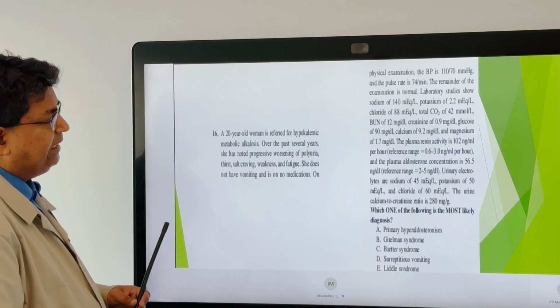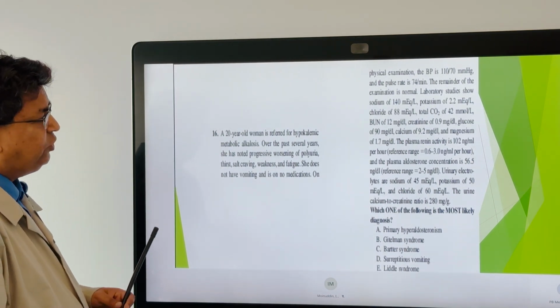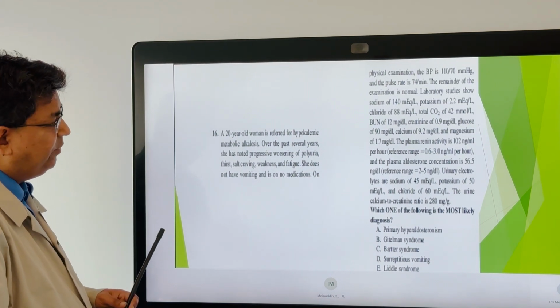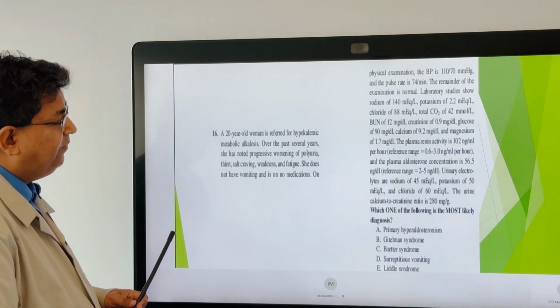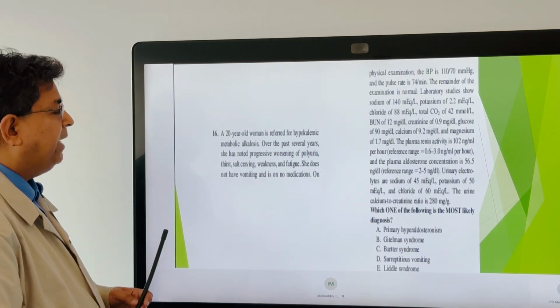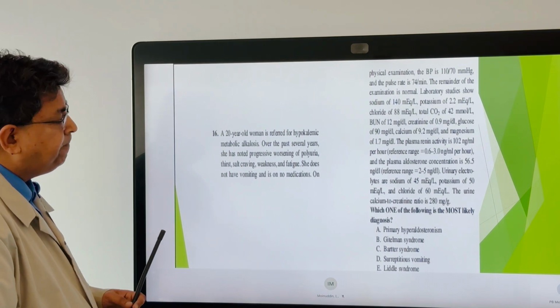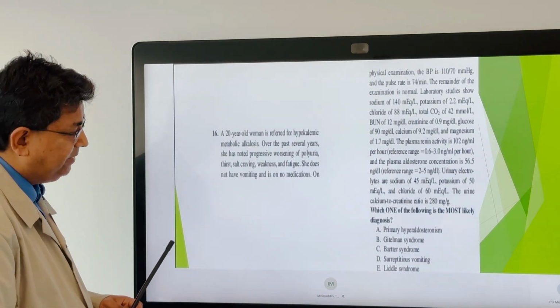The plasma renin activity is 102 nanogram per milliliter per hour. Plasma aldosterone is 56.5 nanogram per deciliter. Urinary electrolytes are sodium of 45 milligrams per liter, potassium of 50 milligrams per liter, and chloride of 60 milligrams per liter. The urine calcium to creatinine ratio is 280 milligrams per gram.